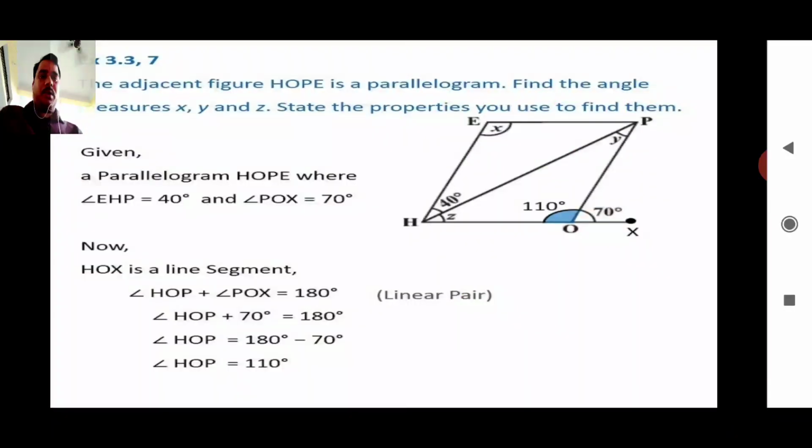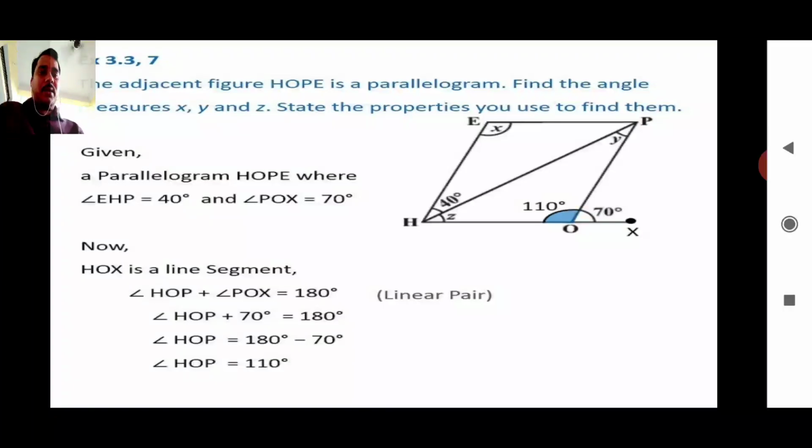So here the seventh question is: the adjacent figure HOPE is a parallelogram. Find the angle measures x, y and z. State the property you use to find them.